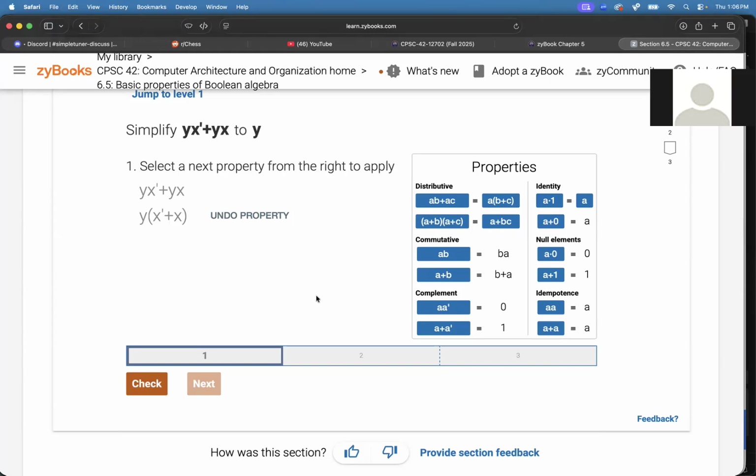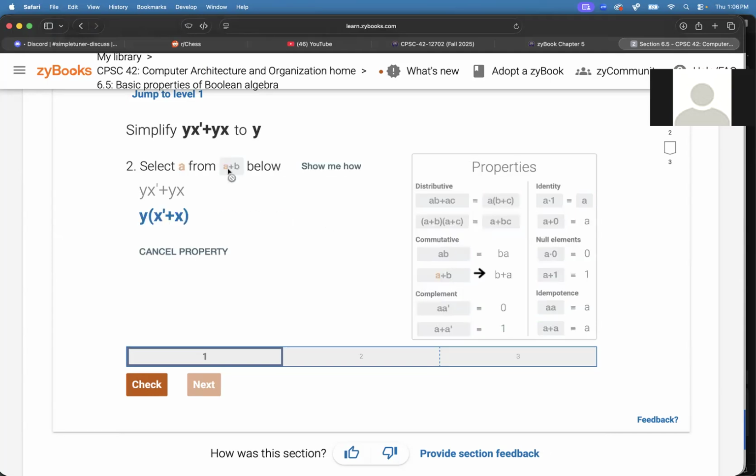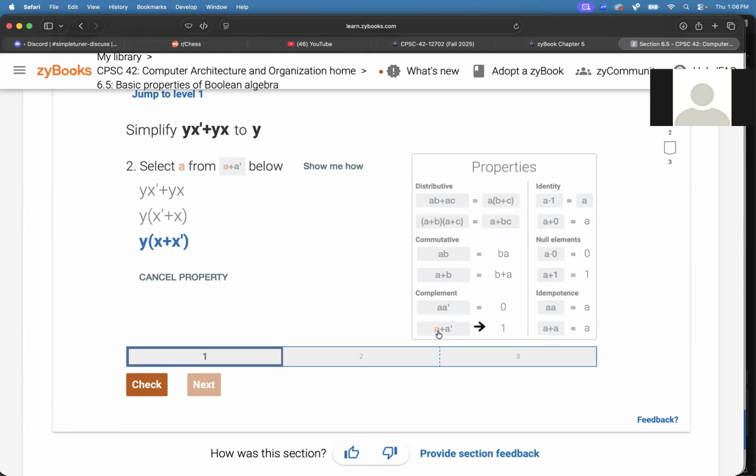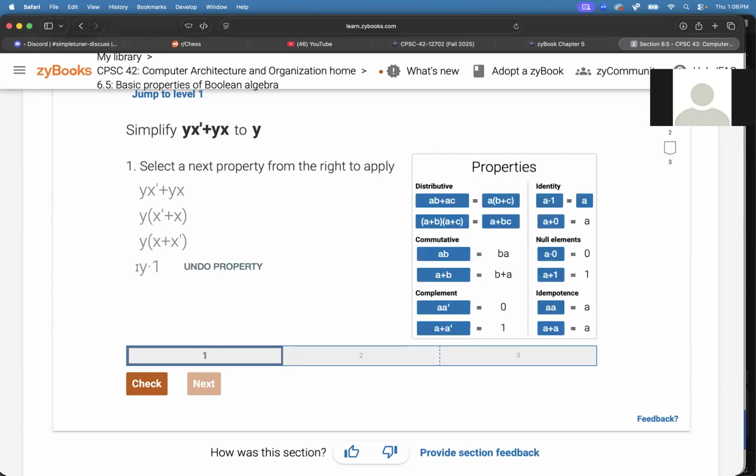To flip it around, we have to do the commutative law. So click the commutative law, select the first term, select the second term. Now it's flipped around. Now that it's X or not X, we can apply the complement rule. Select A, next term, select not A, apply.